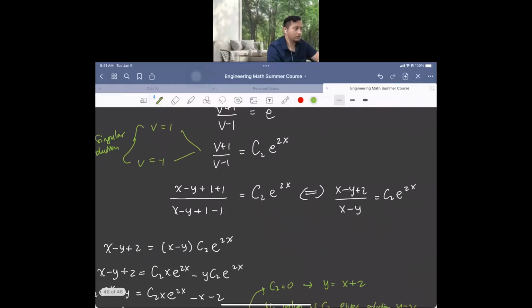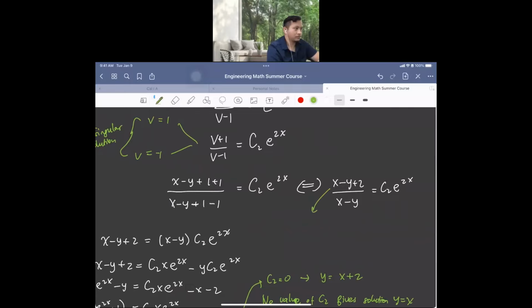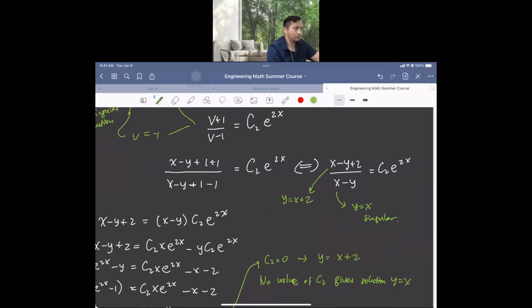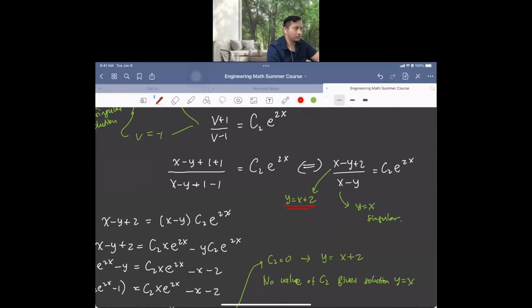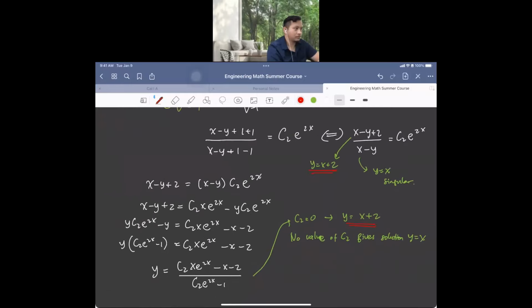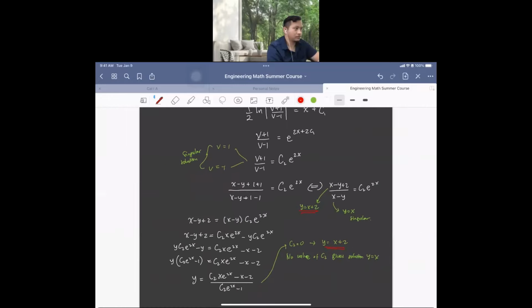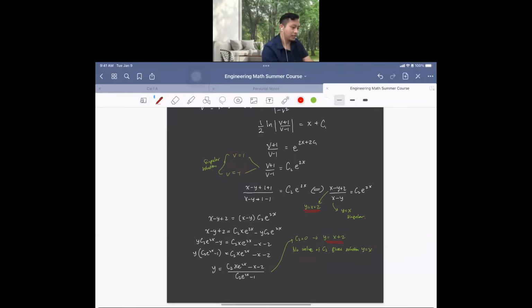This solution is actually from here. This gives you an idea that one of the solutions might be the singular one, which is perfectly the same as when we confirm. Don't forget the singular solution, the one that makes your solution undefined. That's the singular solution.